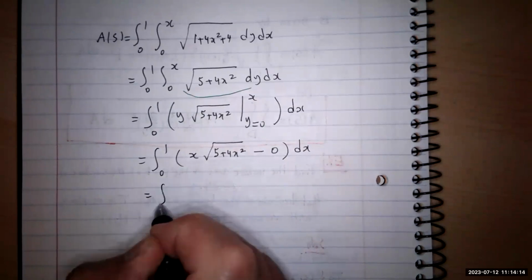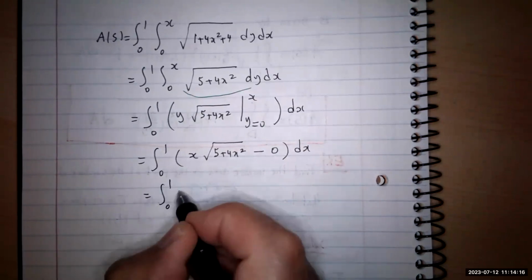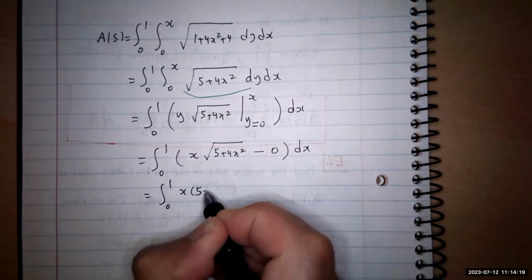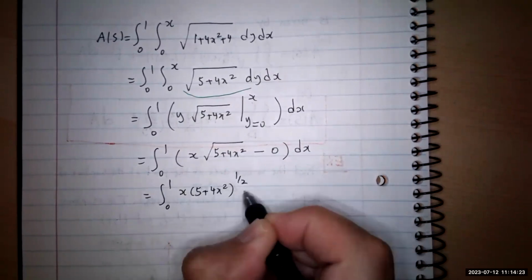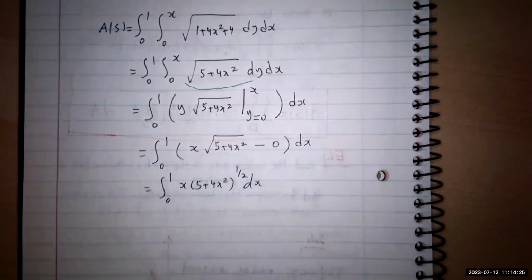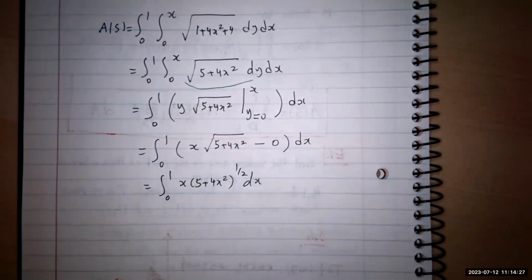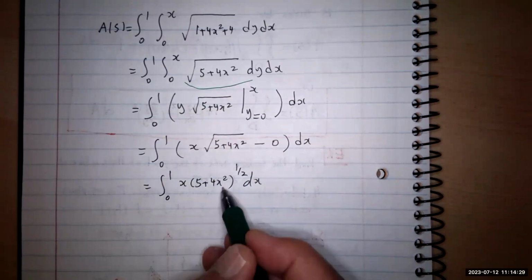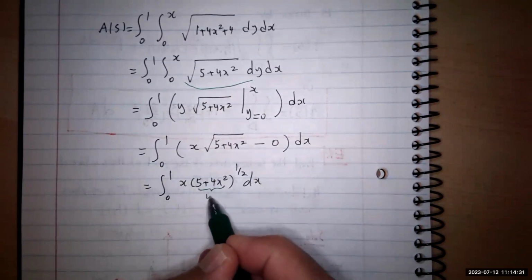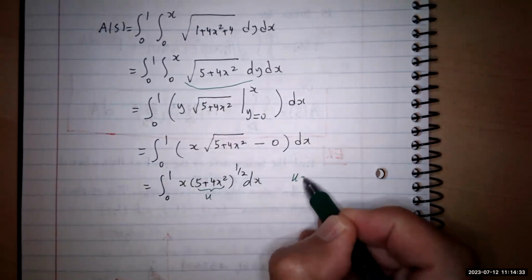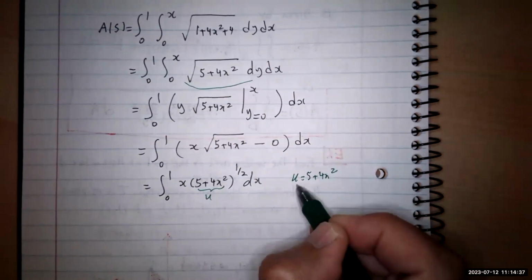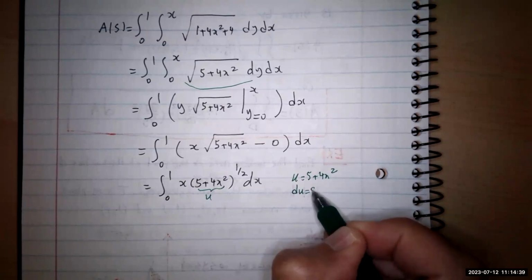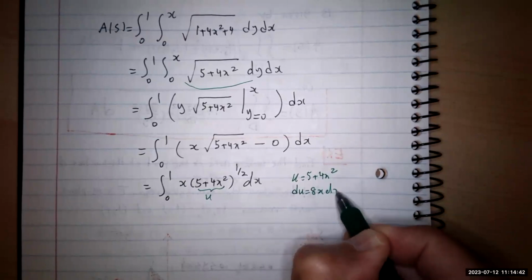You know that you have to change it and use u substitution. So that gives x times 5 plus 4x squared to the 1/2, dx. You can do your substitution in short form or in general. You are going to call this one u, so u would be 5 plus 4x squared, and your du would be 8x dx.